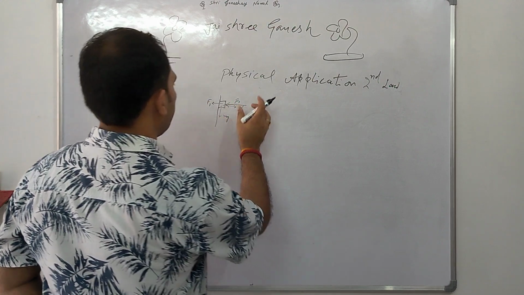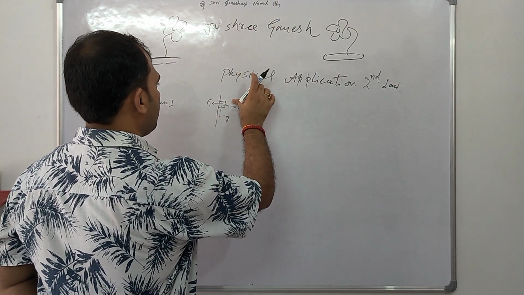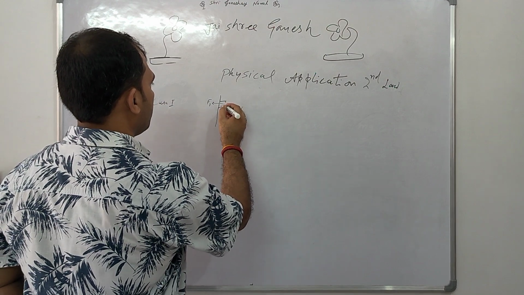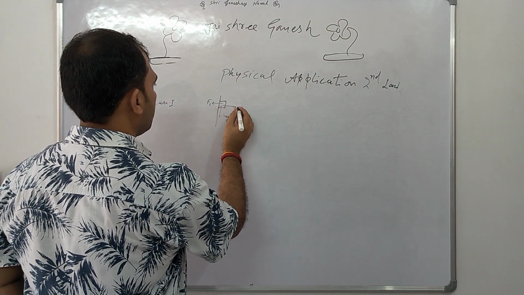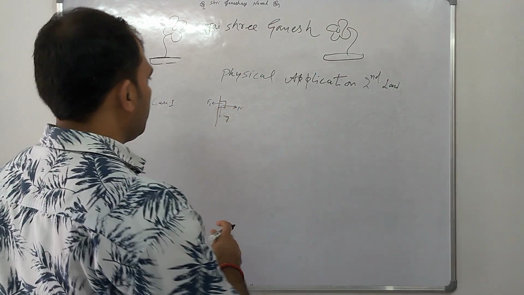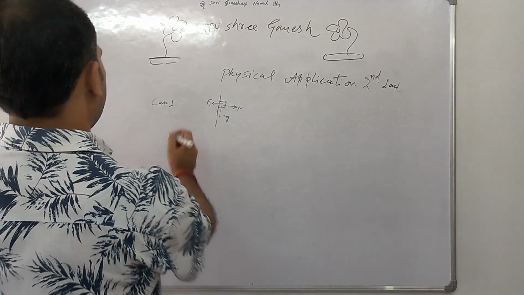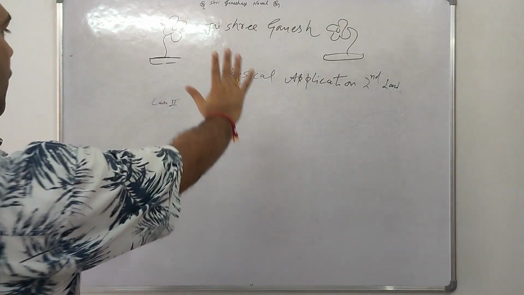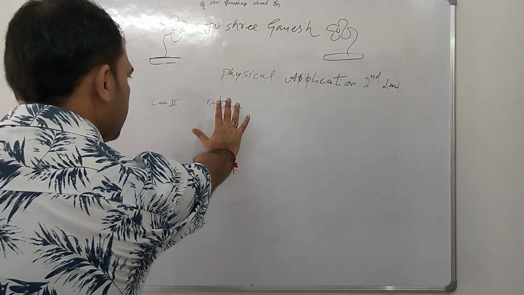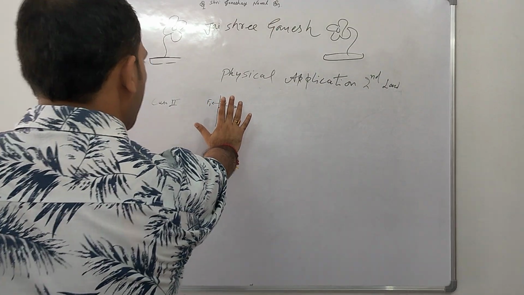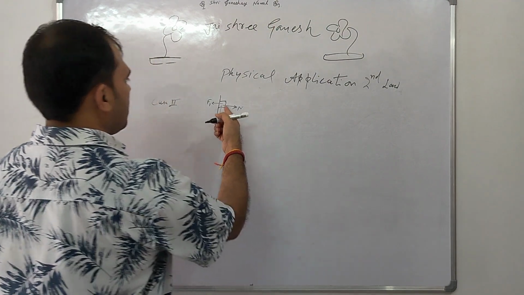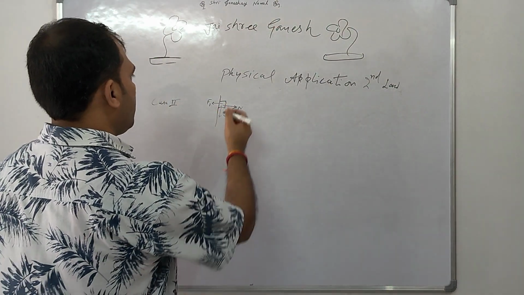Now the second case. The body is pushed against the wall. At the same time, mg is acting vertically downward.